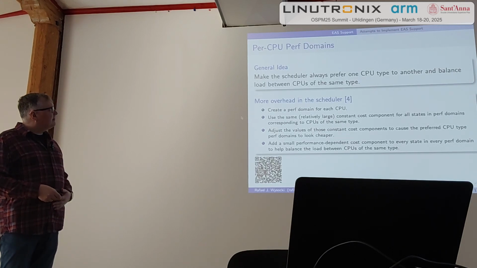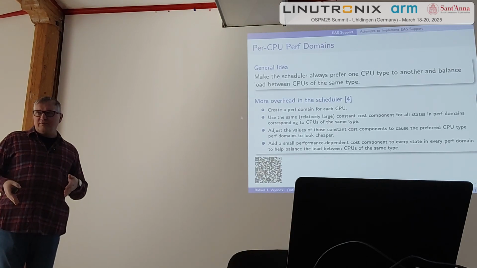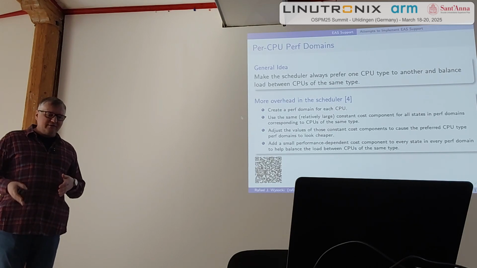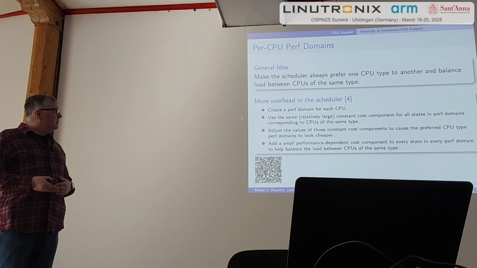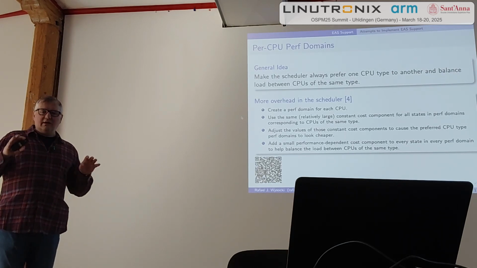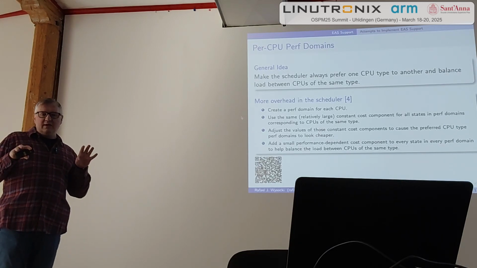The other approach is to use a perf domain per CPU, in line with what cpufreq does, and in accordance with HWP. That is the other simple option. The idea is that the energy model still prefers small CPUs, so they have a large cost component in their perf domains related to the CPU type.